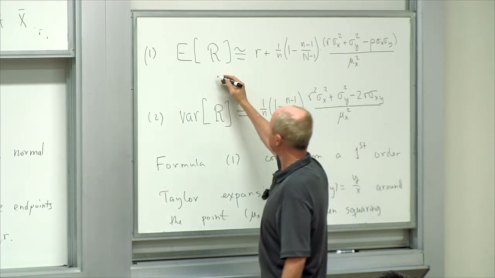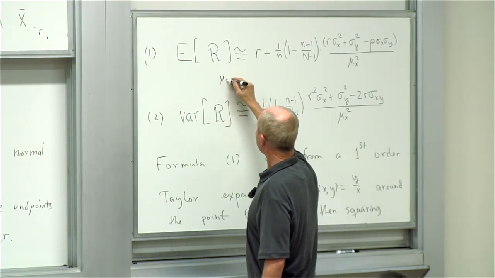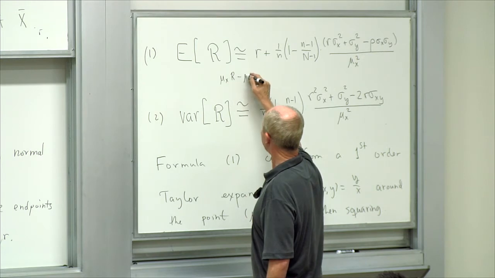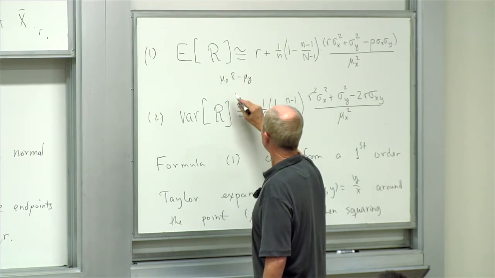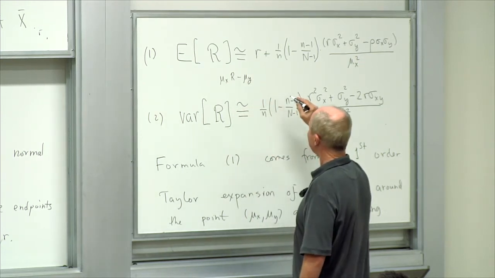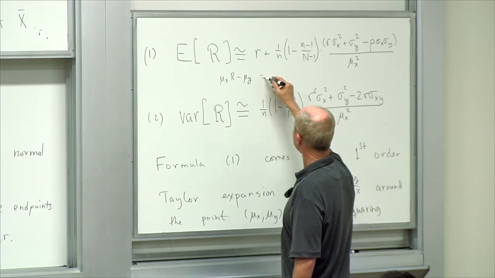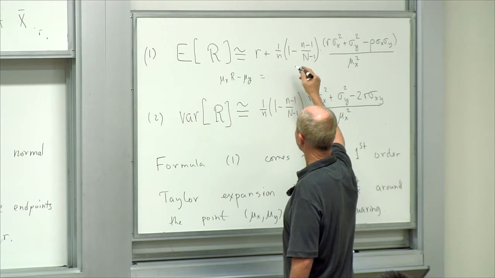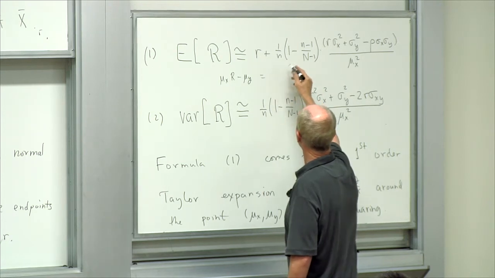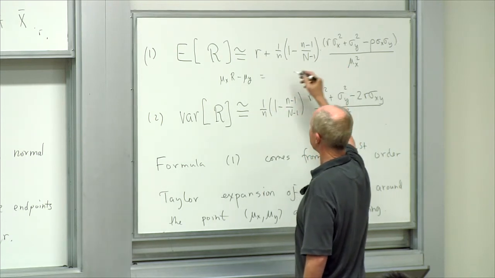Yeah, so we get mu x R minus mu y, and that would be equal to this times mu x, right?